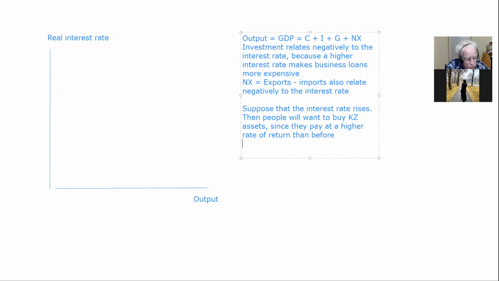So demand increases for KZ assets, which will raise the demand for the tenge, since you have to have the tenge to buy the assets, like a bond from the government.